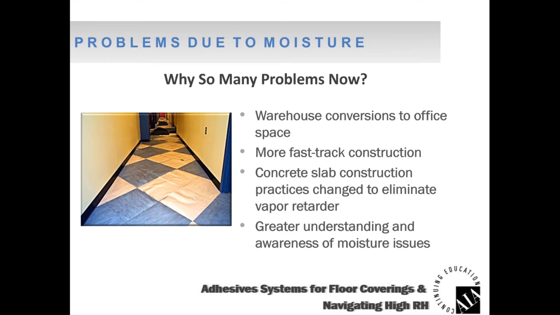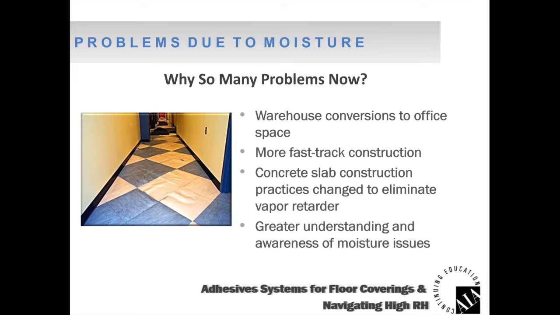You go back a few years and the slab construction practices changed to eliminate the vapor retarder. However, back in the early 2000s, ACI put out a document that said all concrete to receive moisture sensitive floor covering that's on grade or below grade needs to have a functional vapor retarder underneath it to stop ground moisture from coming in and affecting the performance of the floor covering.